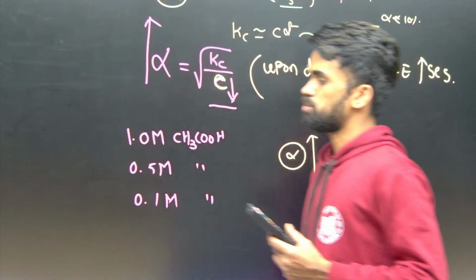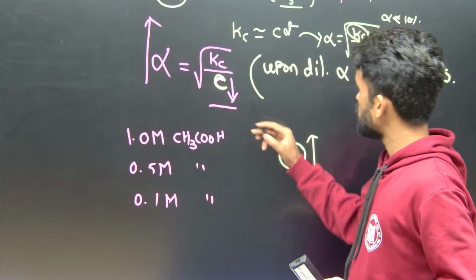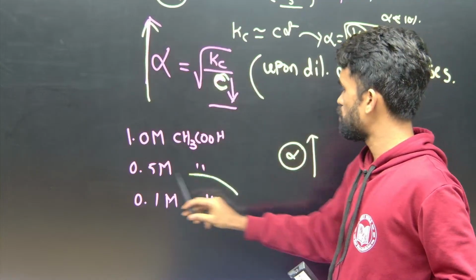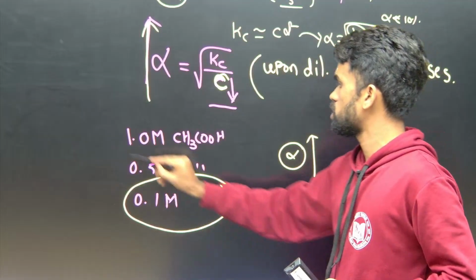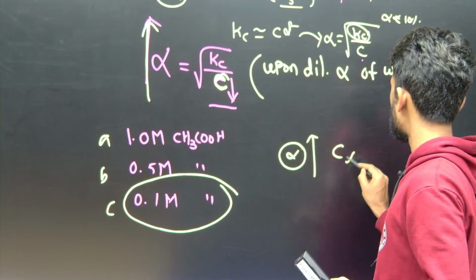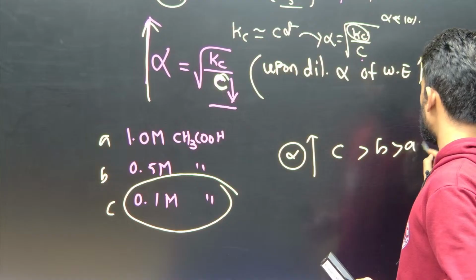Lower concentration means maximum degree of dissociation. So alpha will be more in this 0.1 concentration. If I say A, B, C as options, C will have the maximum alpha, the next is B, and the least is for A.